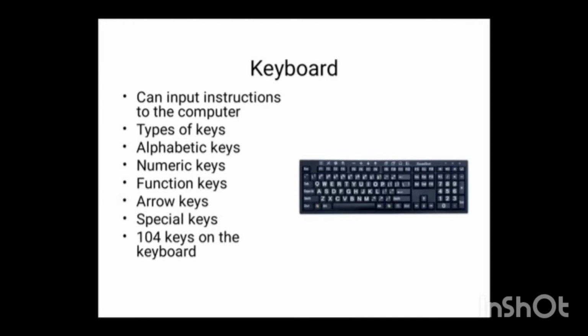Our alphabet keys include A to Z. Numeric keys include the numbers 0 to 9. Function keys mean F1 to F12 at the top of the keyboard. Then arrow keys: there are four arrow keys, that is up arrow, down arrow, left arrow, and right arrow.